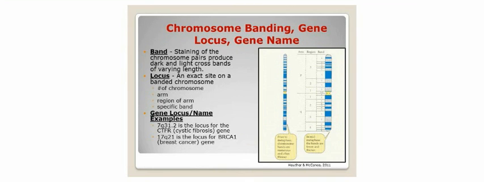The 7q31.2 location is the exact locus for the CFTR gene, which means it is on the 7th chromosome, on the Q arm, at the 31.2 region and specific band of that particular chromosome.